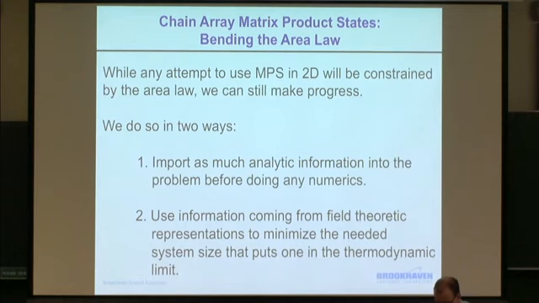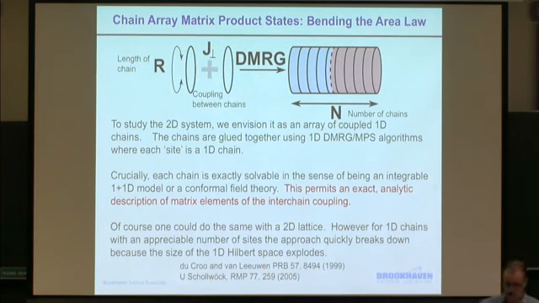So how exactly do these two strategies come out in the wash? Well, what we basically do to study the 2D system is we envision the 2D system as a set of one-dimensional chains. Here, the chains are assumed to have periodic boundary conditions, so they're drawn as rings. Each of these chains is some relativistic field theory.